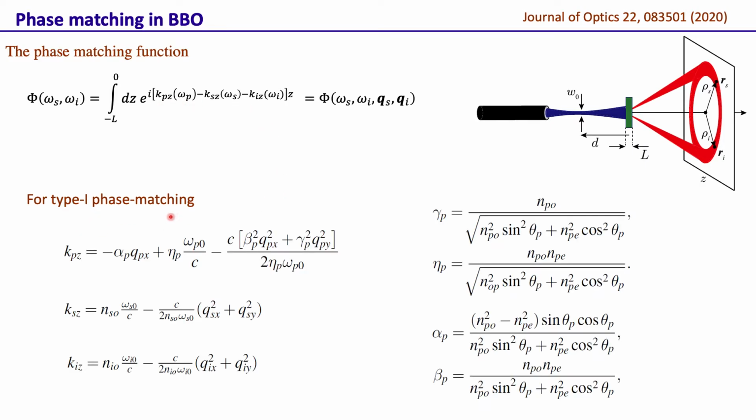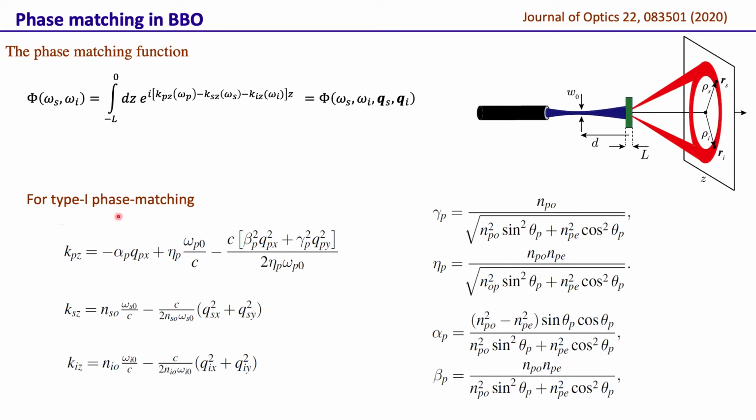But for type 1 phase matching, we see that this kpz is given by this kind of expression. I actually don't want to go through the details of it. If somebody is interested, you could look up this reference. But the point is, this kpz is quite a complicated expression that depends on so many parameters. There's alpha, beta, gamma over here, and these depend on the refractive index of the photon, and whether it is ordinary polarized or extraordinary polarized and so on.